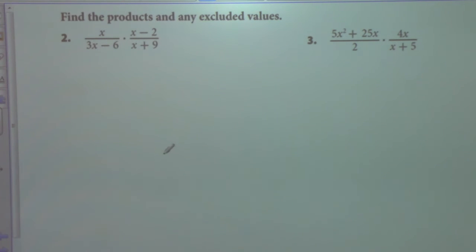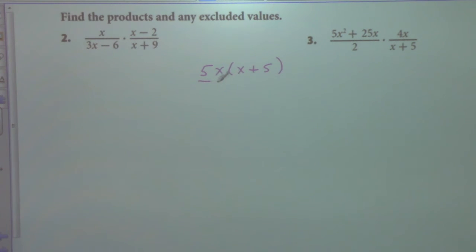Okay, we're on 3, right? So I took out the 5x on top. Parentheses, 5x over x plus 5, and I put it over 2.